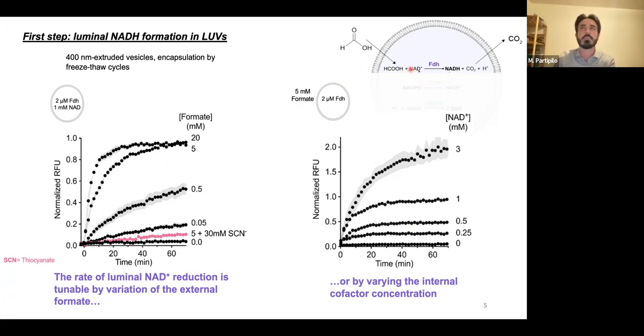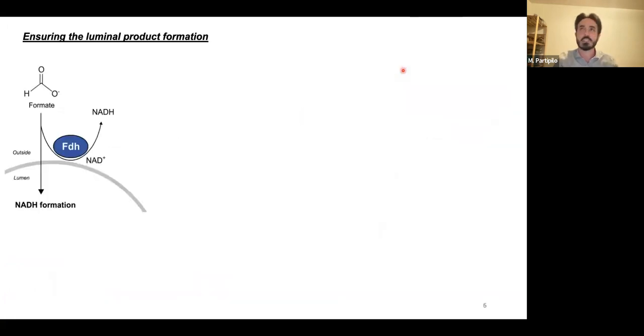But of course, something that we could not exclude by default was that something else could happen outside our vesicles. The reason why we started to consider this possibility, external reduction of NAD+, is that there are different reports about stickiness of proteins, but also of substrates, when you prepare large unilamellar vesicles by freeze-thawing.